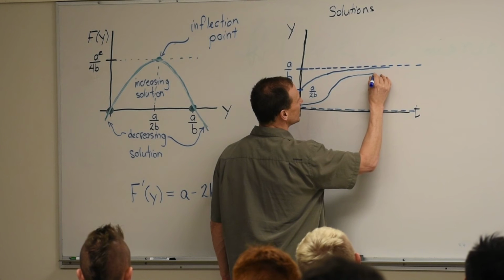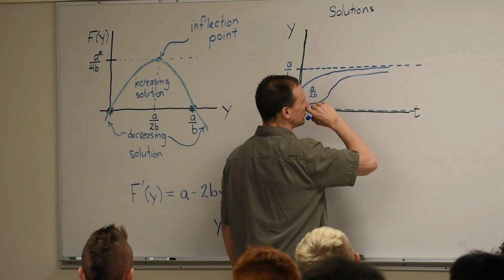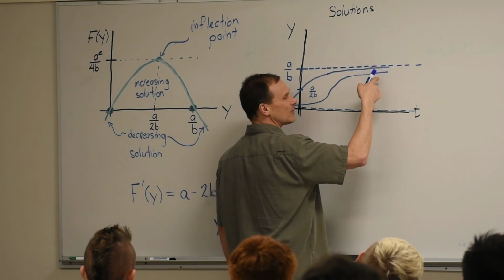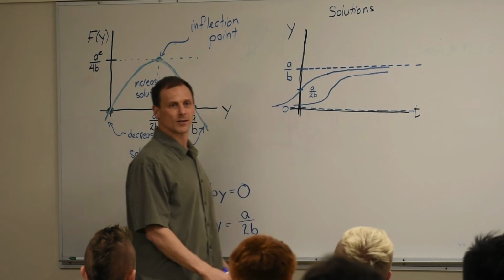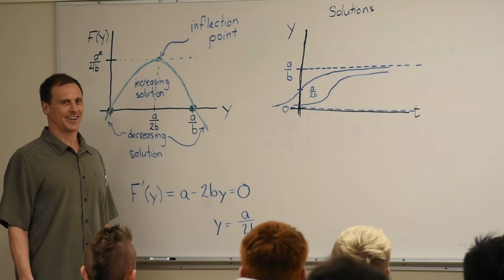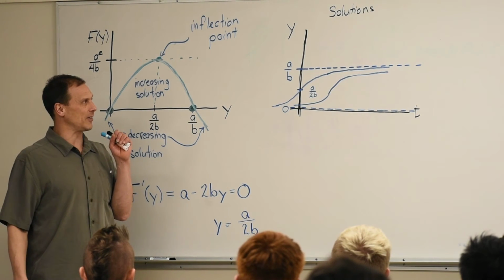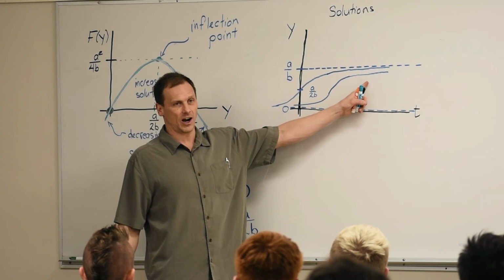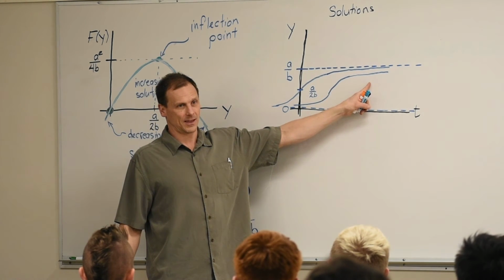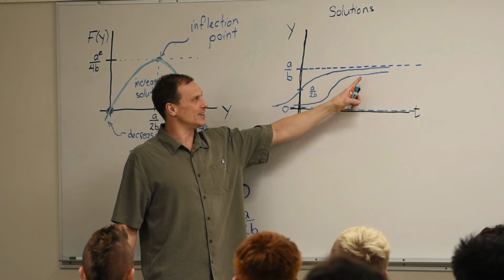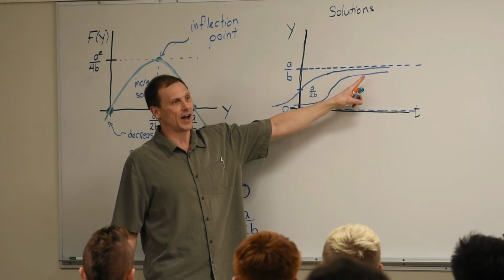Now here's a question that some books spend a lot of time on, and this author doesn't. Will these solutions ever cross? Why? They're shifts. That's exactly right. And what else would have to have? If these crossed, what would that imply? Well, it would imply that they have different derivatives at the same value.